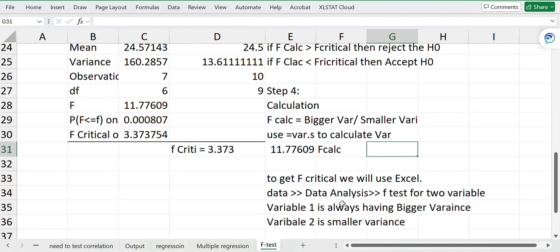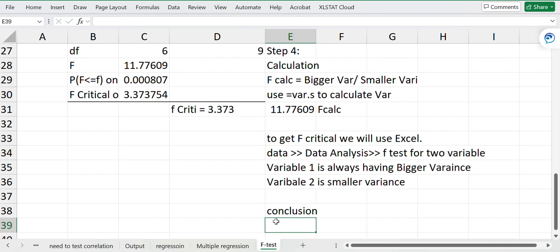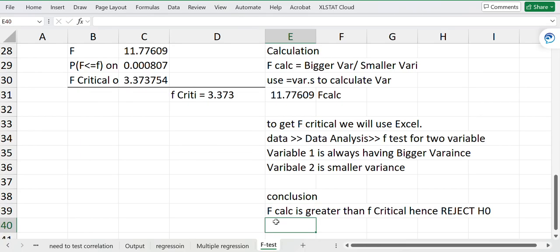So then I write the conclusion. What is my conclusion? F calculated is greater than F critical. Hence, reject H naught. What does that mean?